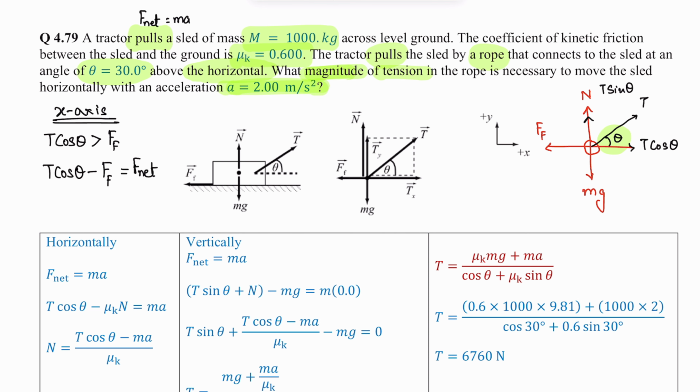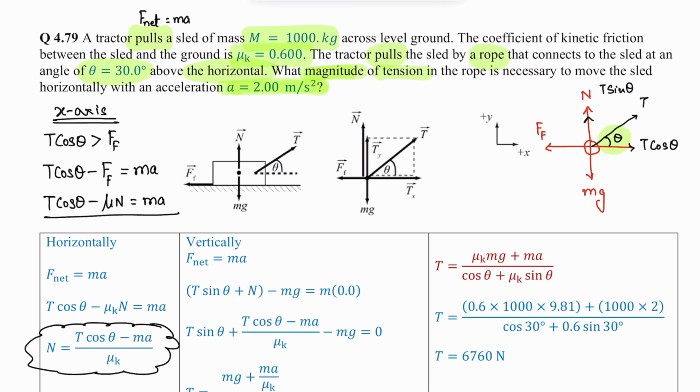So if I remove the F net, can I say M times A? So force of friction, we know, is mu times N. So T cosine theta minus mu times N is equal to MA. This is your equation number 1. So you can find the value of N. Clear? First term clear.